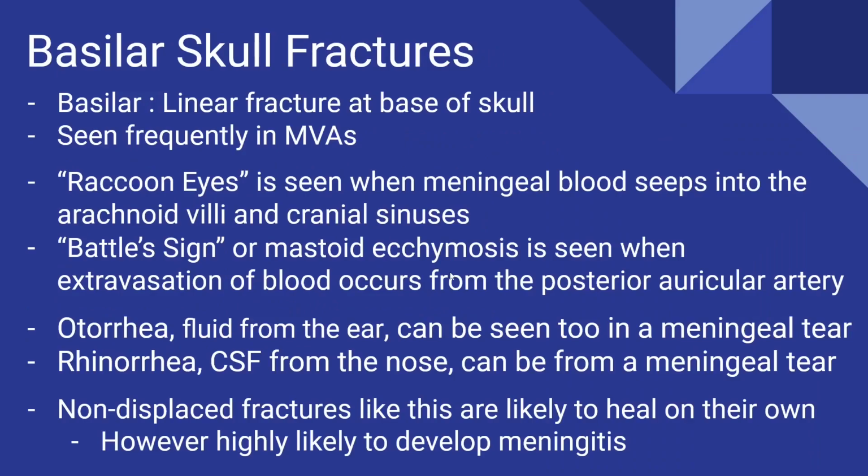Basilar skull fractures are significant, but very rarely need surgical repair. It's that linear fracture at the base of the skull, seen a lot in motor vehicle accidents when you have that coup, contrecoup movement. This sudden movement ends up fracturing that weak bone. And what you'll see is the meningeal blood, right?